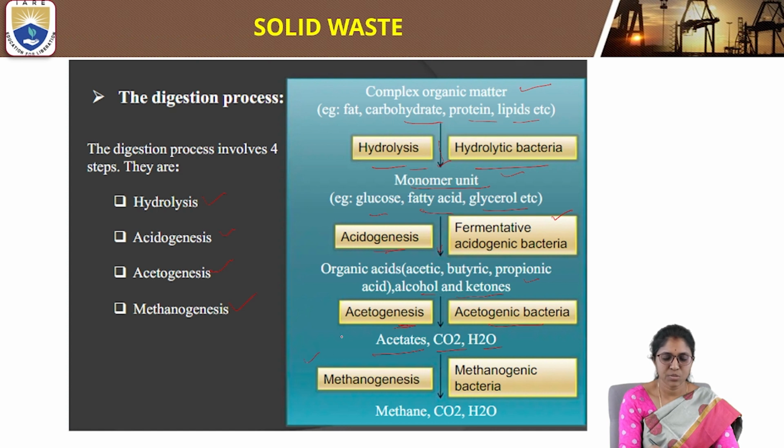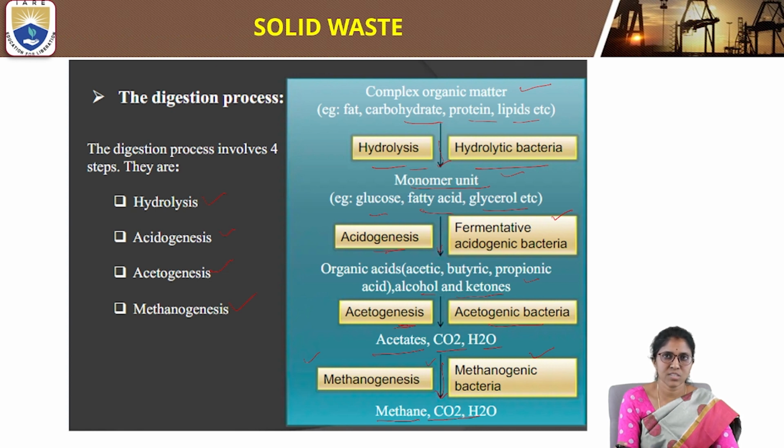The last step is methanogenesis, which takes place in the presence of methanogenic bacteria. In this last step, we get methane, carbon dioxide and water. This is the brief explanation of anaerobic digestion. We have four steps.